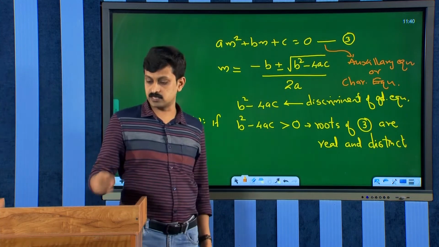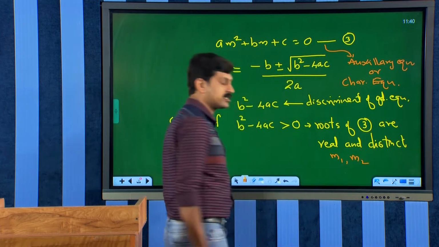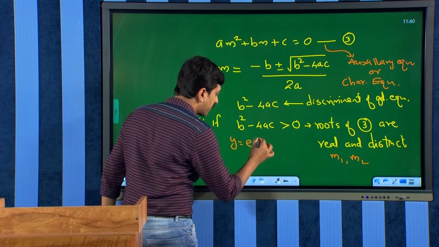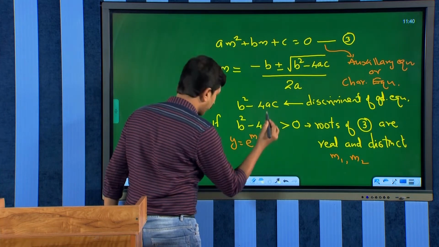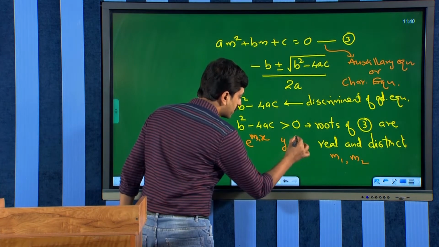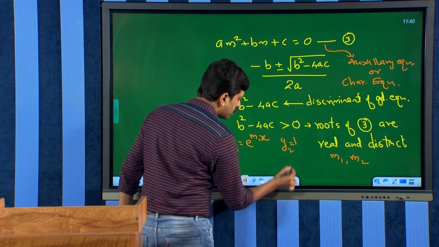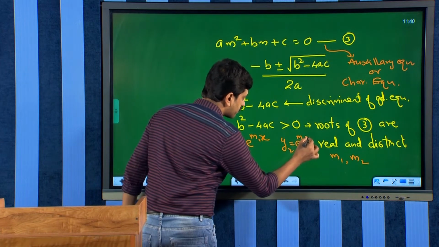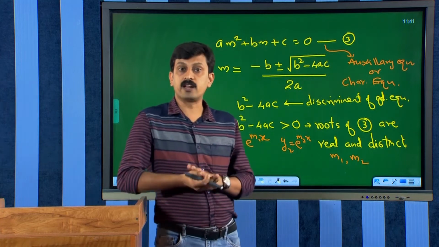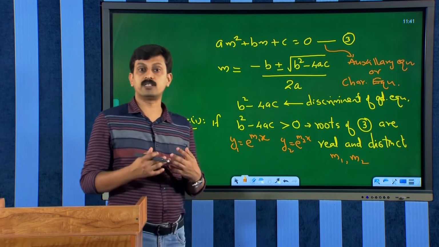If they are real and distinct, m1 and m2 exist. In that case, y1 is equal to e raised to m1 x and y2 is equal to e raised to m2 x are the solutions.